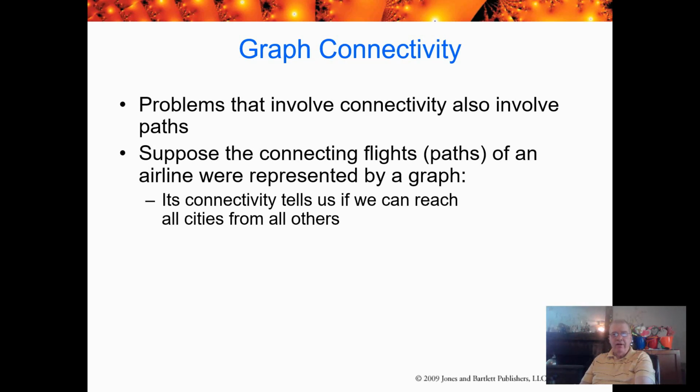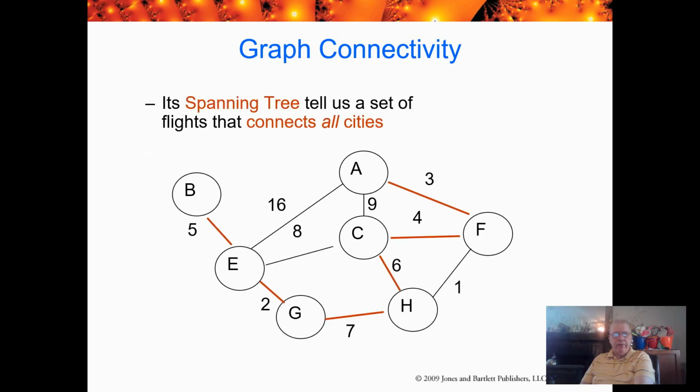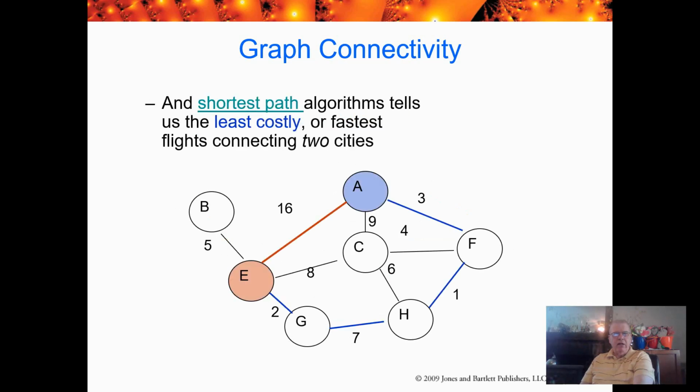Well, no. If we can reach all the cities from all the others in a set of flights, then we have a connected graph. So the spanning tree tells us a set of all flights that connect all the cities. This is a spanning tree. Shortest path tells us the least costly.